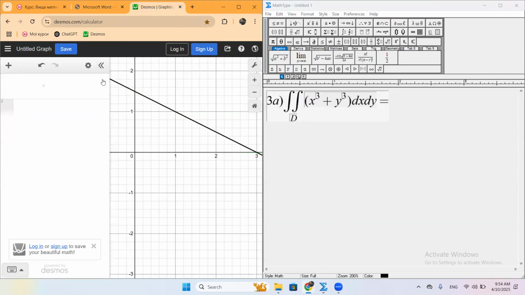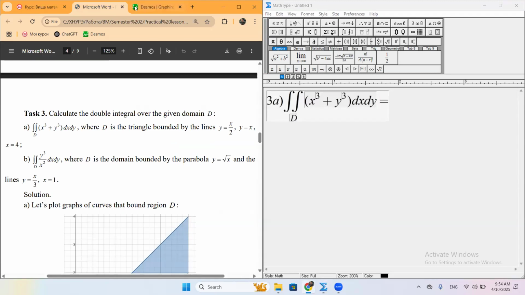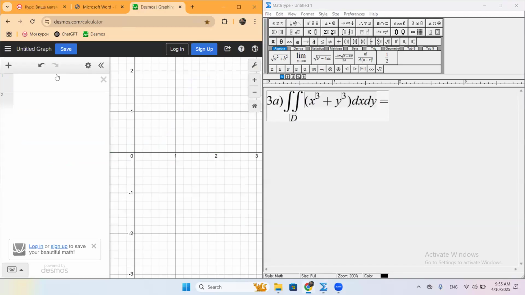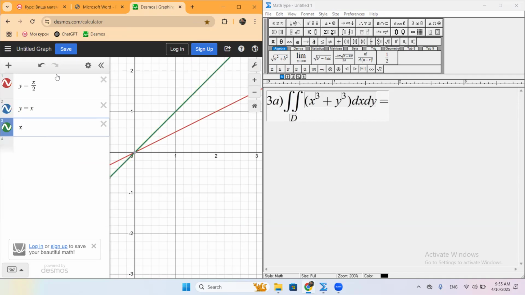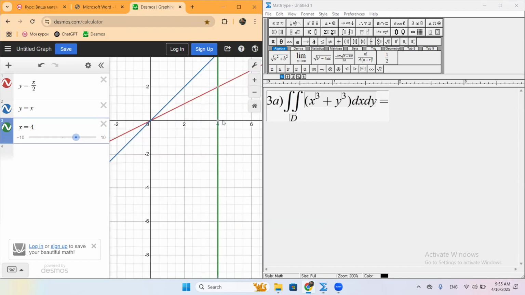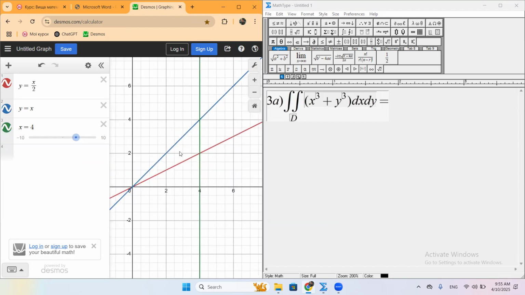Let's plot them: y equals x over 2, y equals x, and x equals 4. So we have such a triangle in which we will integrate.